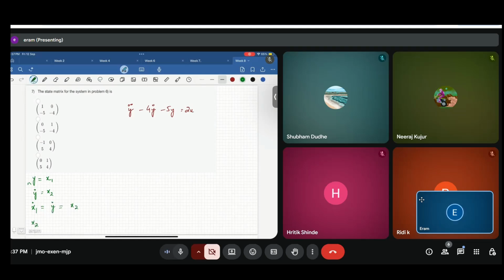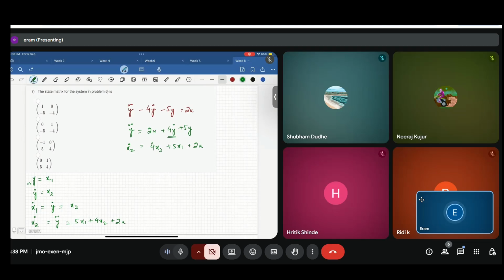And x2 dot is y double dot, which from here is 2u plus 4y dot plus 5y, where y dot is x2 and y is x1, and then the control with coefficient 2. So x2 dot will be equal to 5x1 plus 4x2 plus 2u.